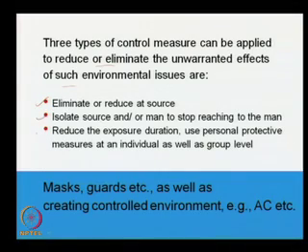The third is to reduce the exposure duration and use personal protective measures at an individual as well as group level. I can have some cover.